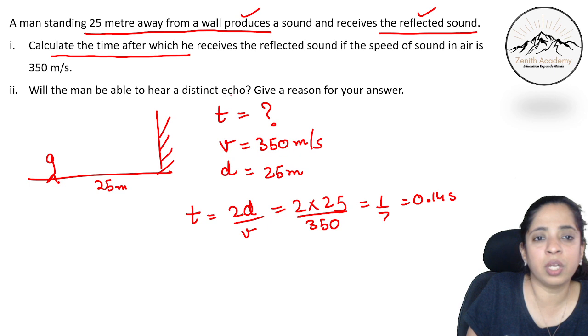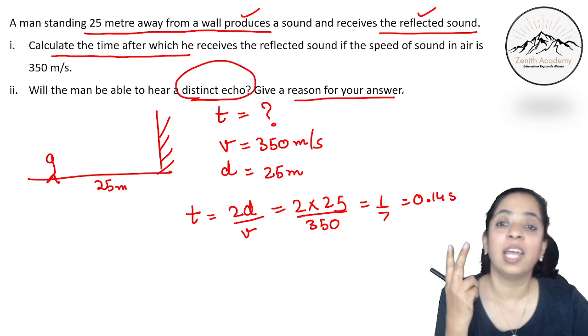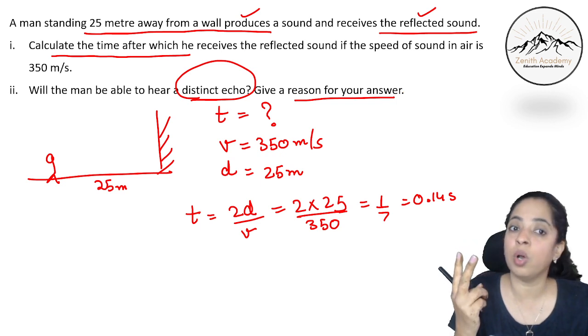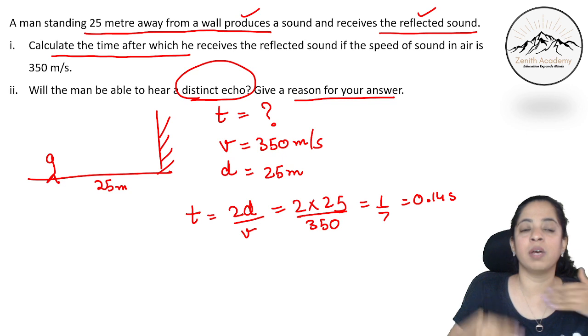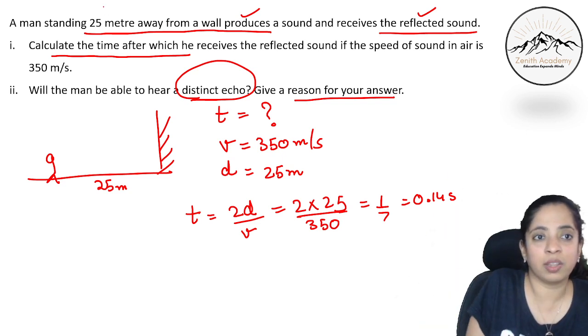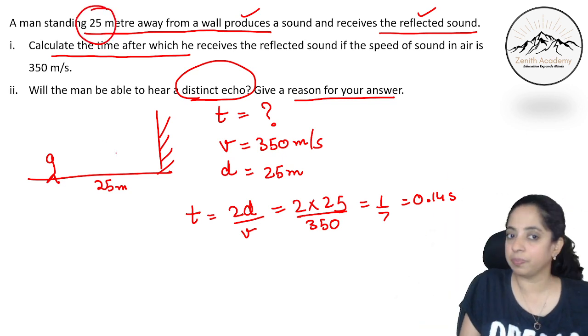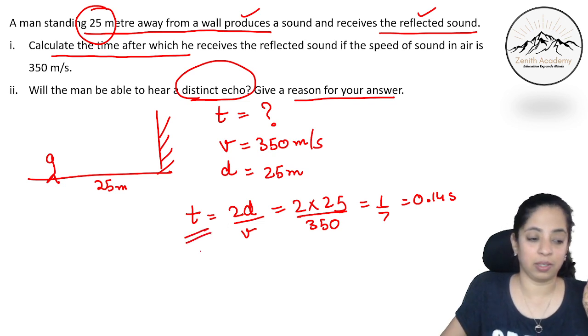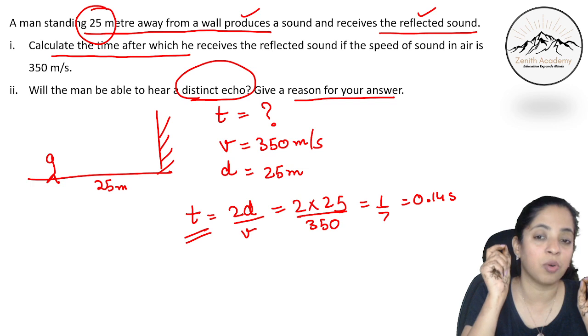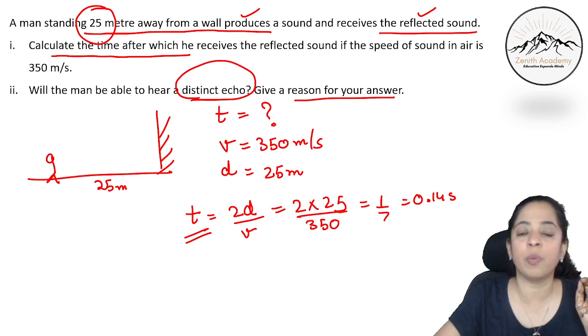Will the man be able to hear a distinct echo? Bachcho, give a reason. So here you will say there are two conditions for formation of echo. One is it should be 17 meters away, the observer and the obstacle. So they are already 25 meter away. And then the time interval, the persistence of sound, should be more than 0.1 second.